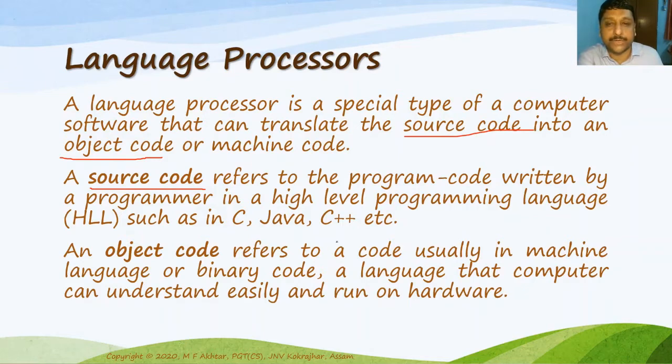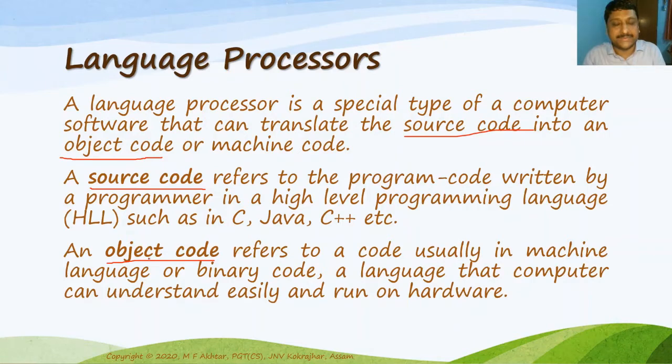Now come to object code. Object code refers to a code usually in machine language or binary code, a language that the computer can understand easily and run on hardware. Object code is a binary language code which is available in such a way that computers can understand it directly without any translation.